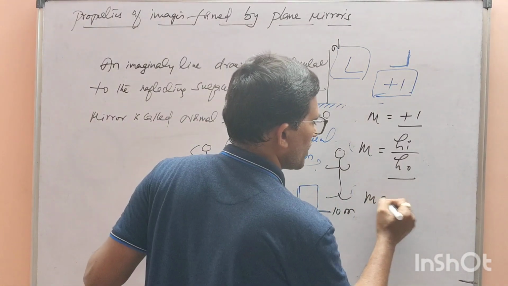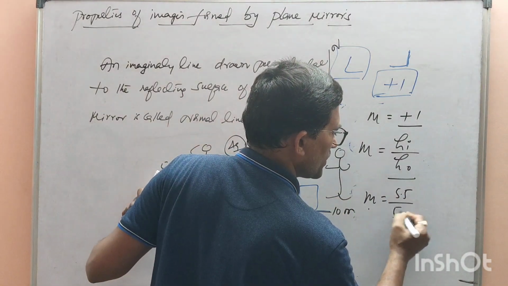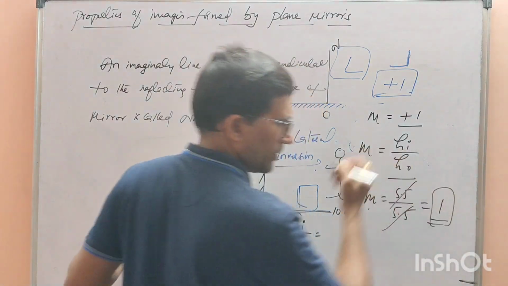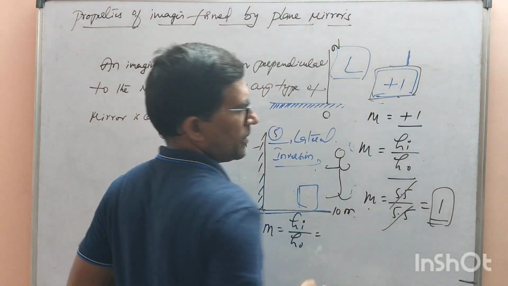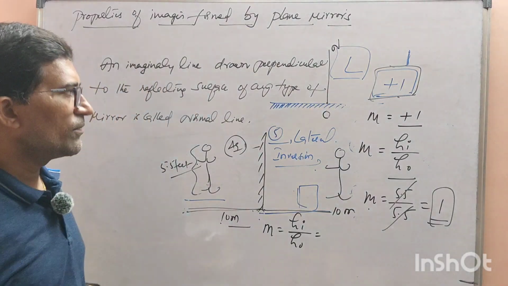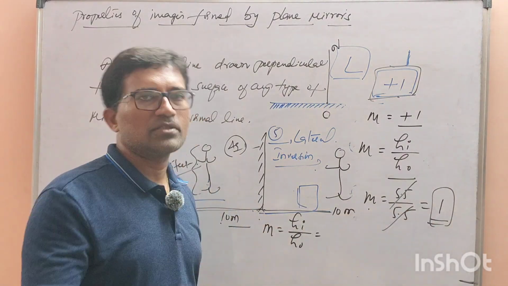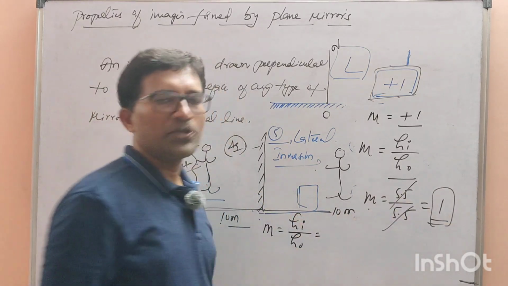If I use that formula, where M means magnification, the height of the image is 5.5 and the height of the object is also 5.5. 5.5 gets cancelled, and it is equal to 1. Is it clear? So the magnification of the image produced by plane mirrors is always +1. Remember this, very very important from an exam point of view.